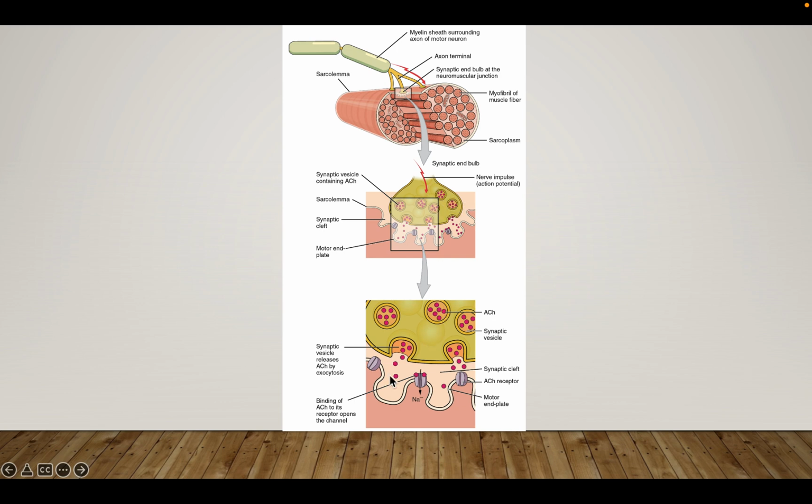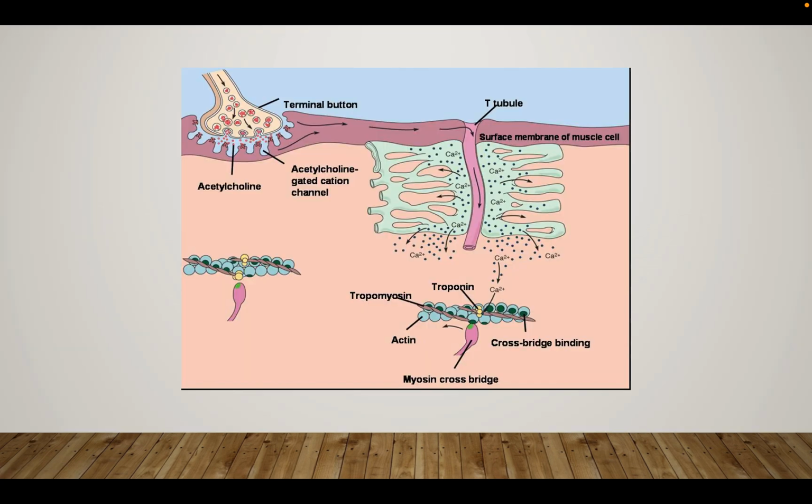If we look in here really closely, as this acetylcholine is diffusing across the synaptic cleft, it's binding to an acetylcholine receptor, and we said that this is called a ligand-gated receptor, meaning that when it binds the acetylcholine, it actually is the channel itself. So it opens up and allows sodium to continue into the cell. You would then have potassium leave, and this action potential would continue down the sarcolemma of our muscle cell, right?